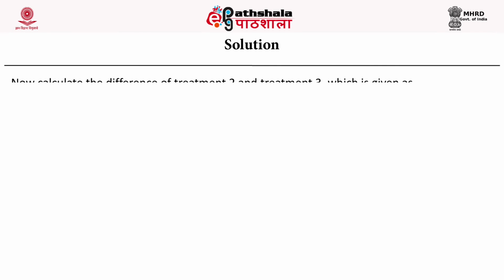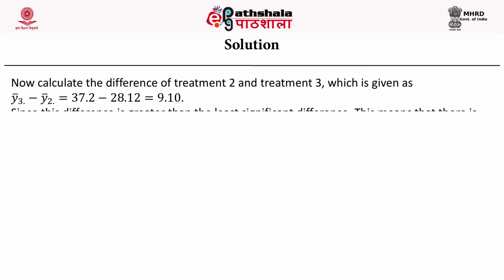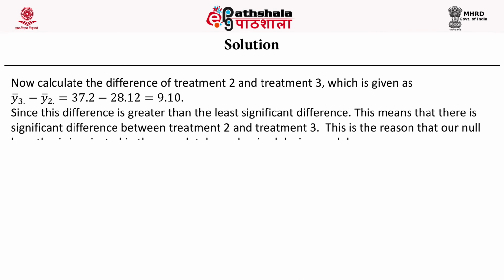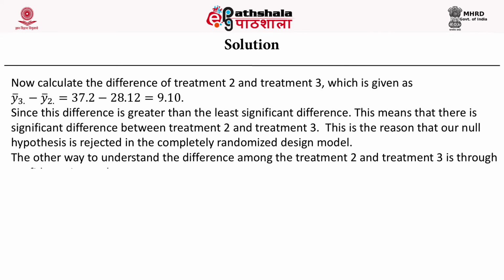Now calculate the difference of treatment 2 and treatment 3, which is y3 dot bar minus y2 dot bar, equal to 37.2 minus 28.12, which is equal to 9.10. Since this difference is greater than the least square difference, there is a significant difference between treatment 2 and treatment 3. This is the reason that our null hypothesis is rejected in the completely randomized design model.